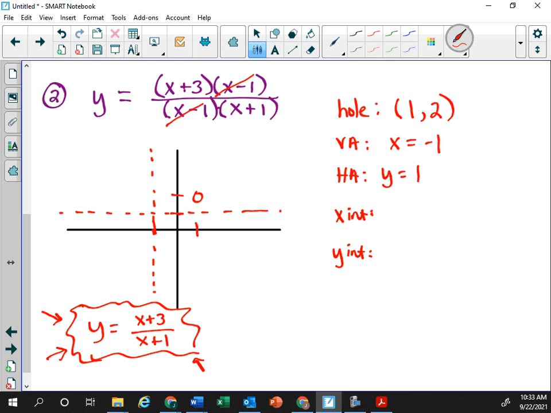X-intercept. That is when y is 0, and the only way that can happen is when your numerator is 0. So negative 3, 0 is your x-intercept. To get your y-intercept, you plug 0 in, and you would get 3.